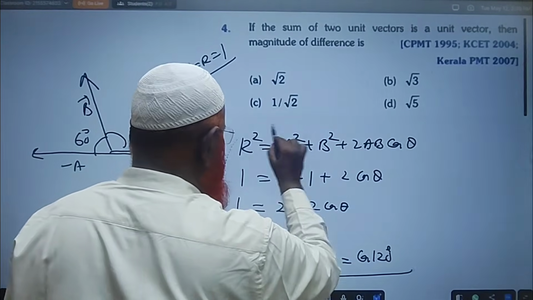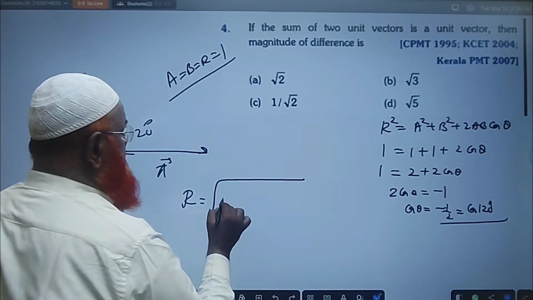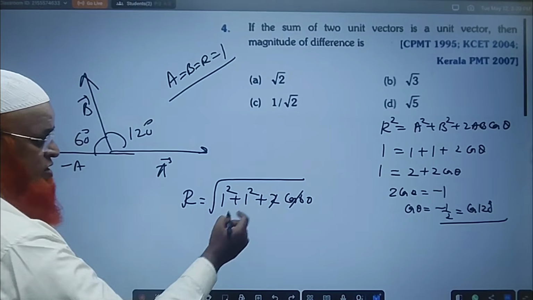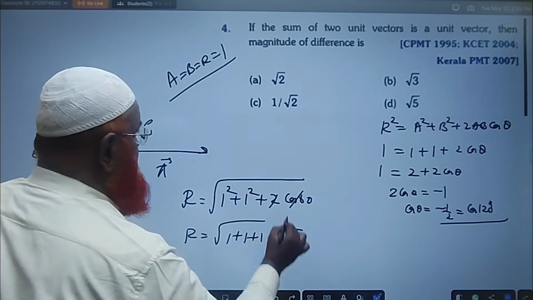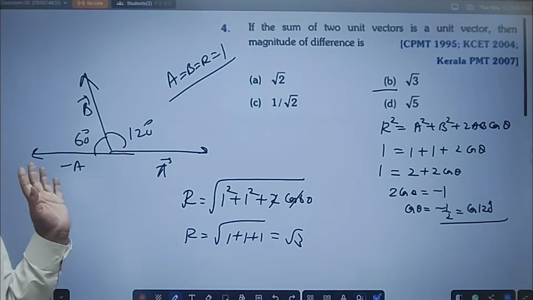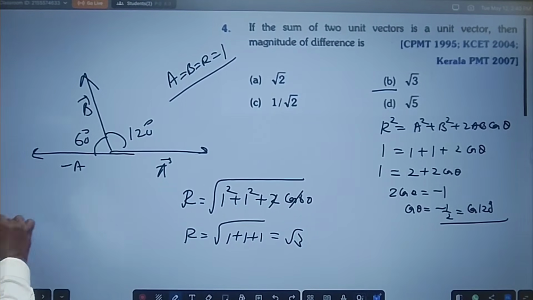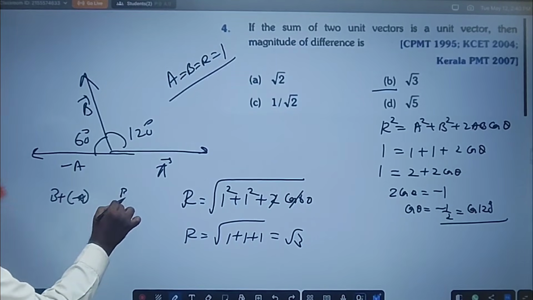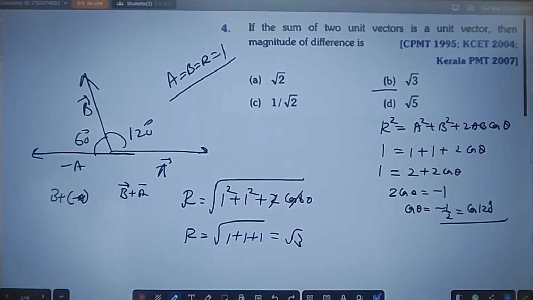R is equal to the square root of 1 square plus 1 square plus 2 into cos 60, which is 1/2, the 2 gets cancelled. So r is equal to the root of 1 plus 1 plus 1, which is nothing but root 3. That is your answer. Just the angle changes: addition means 120, subtraction means 60. I told you that subtraction is nothing but addition of one positive vector with a negative vector. This is going to be b plus minus a, and this is going to be b plus a. Is it clear what I am saying? Any doubt? That's it.